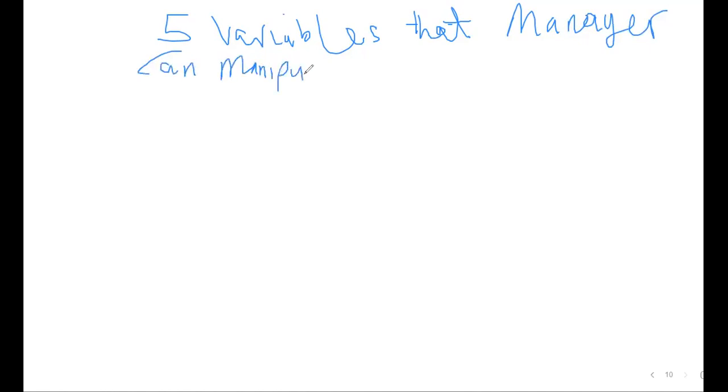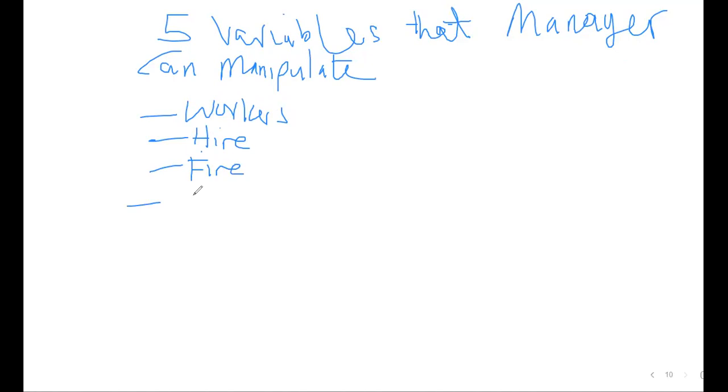So we have, they can manipulate the workforce, meaning that they can hire, they can fire, they can subcontract if you want to meet the short-term demand. They can have a backlog.